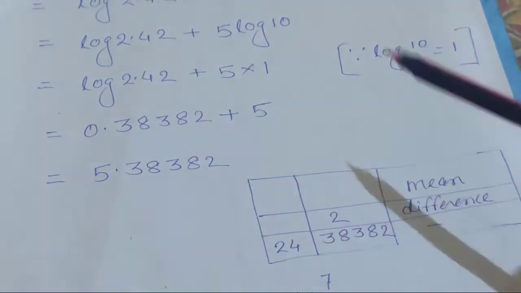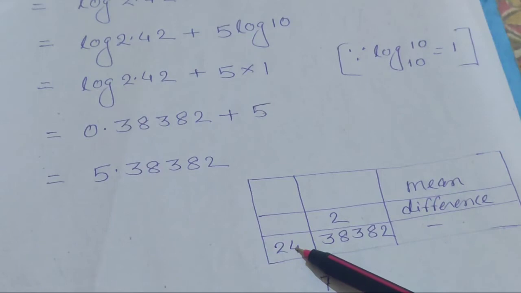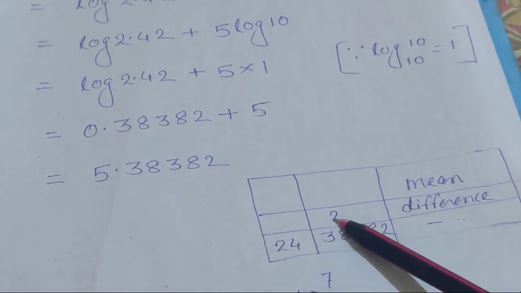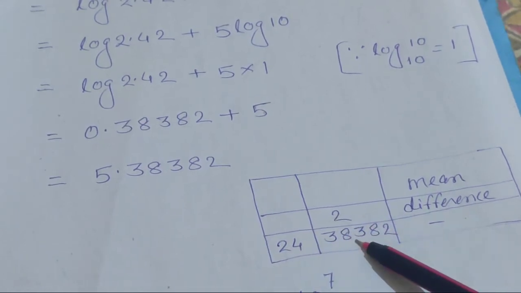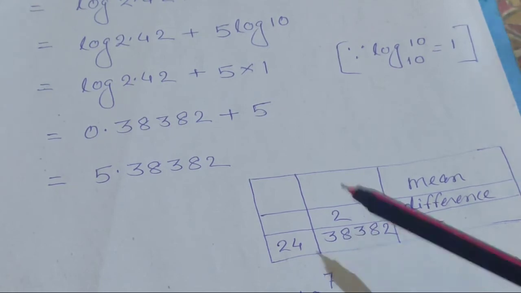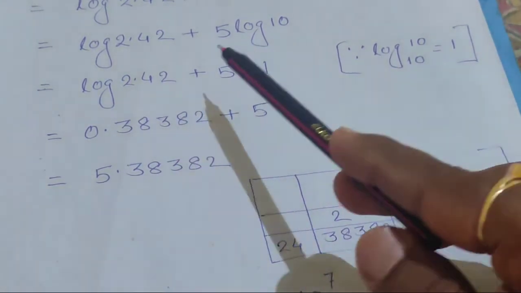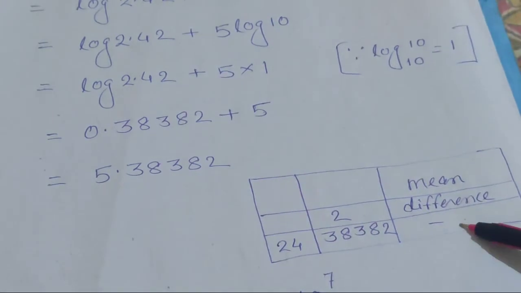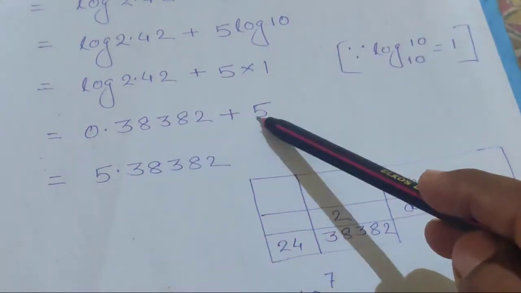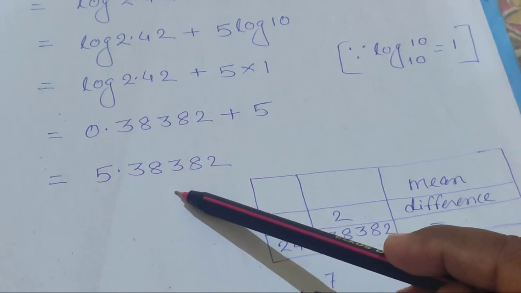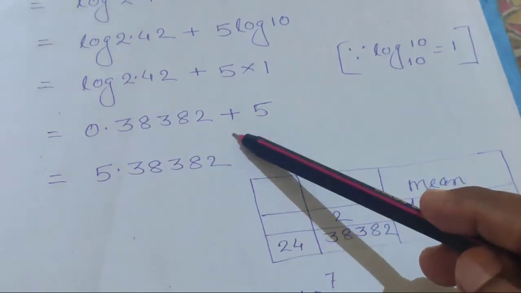So in the vertical column 24 and in the horizontal column 2, whatever number is written in the log table, we have to write that number. Again there is no further digit, so the mean difference will be 0 itself. By adding these two, we will get the log. This is the way we can do this sum.